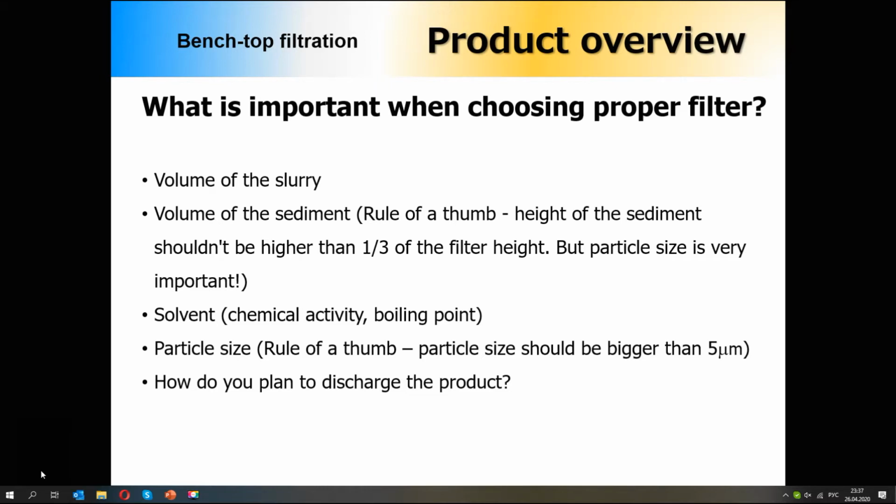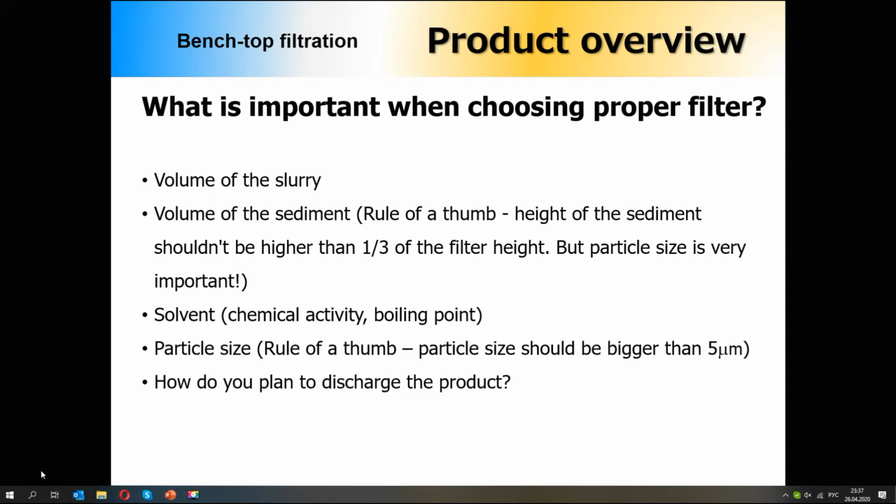So point number 3, what is important when choosing a proper filter? Solvent. This is very important. It's actually not only about the solvent, but also about the type of compound that you're filtering, because you need to know the chemical activity for both the solvent and the compound. And for the solvent, you also need to know the boiling point.